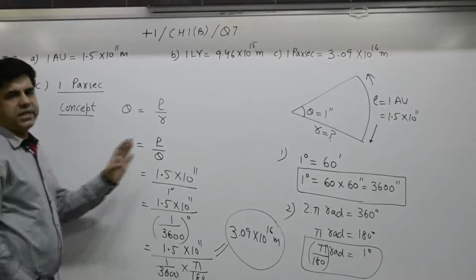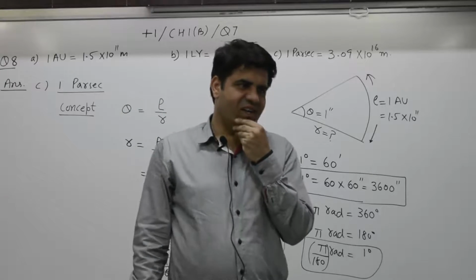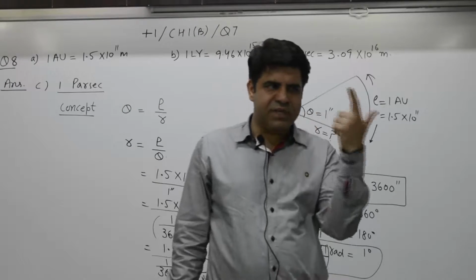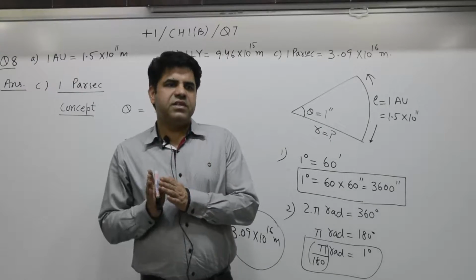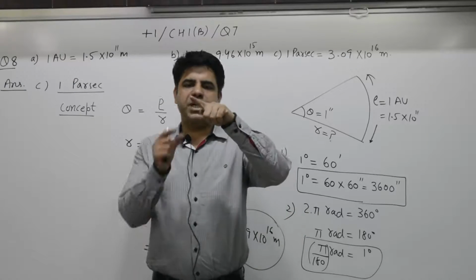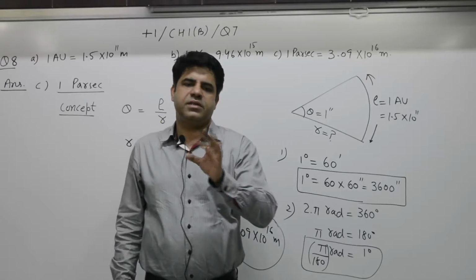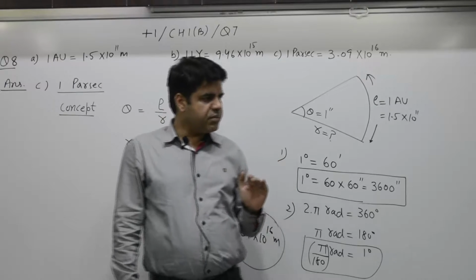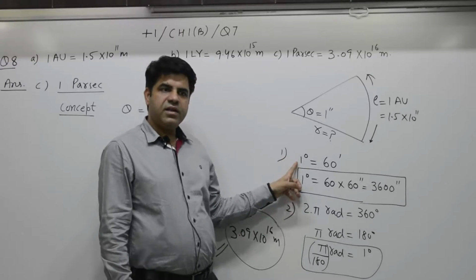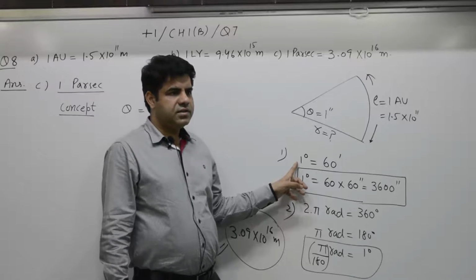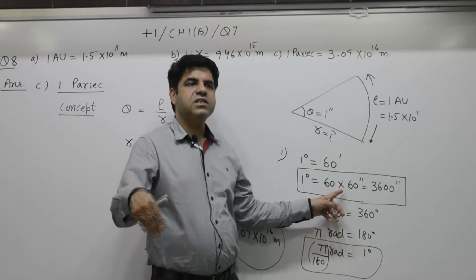Repeat. The new concept is 1 hour. In 1 hour, how many minutes are there? 60. Further, in 1 minute, how many seconds are there? 60. So there is a system which deals with 60: a big part divided into 60 parts, and that small part further divided into 60. The same applies to degree as to hour, minute and second. 1 degree is equal to 60 minutes, and 1 minute is equal to 60 seconds.